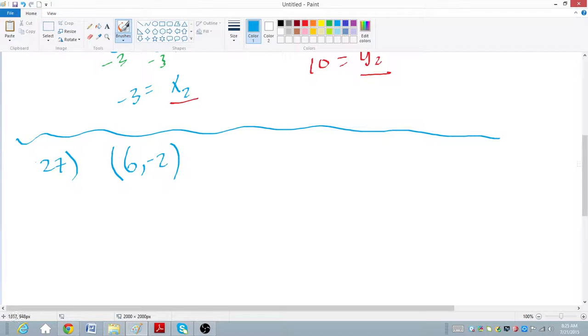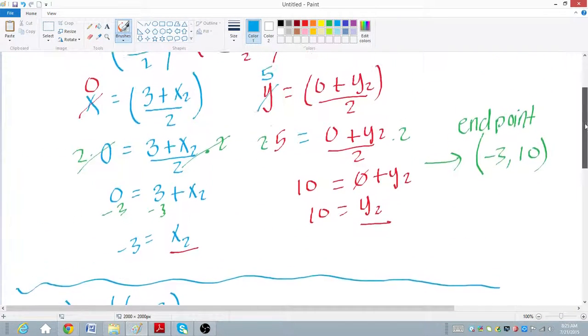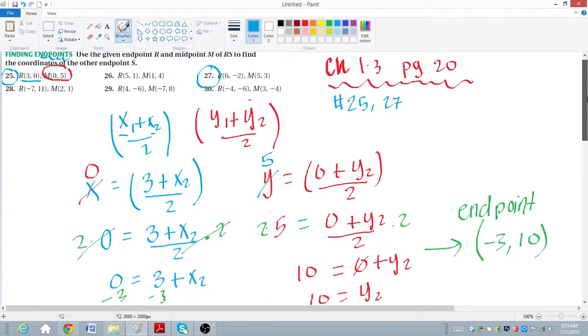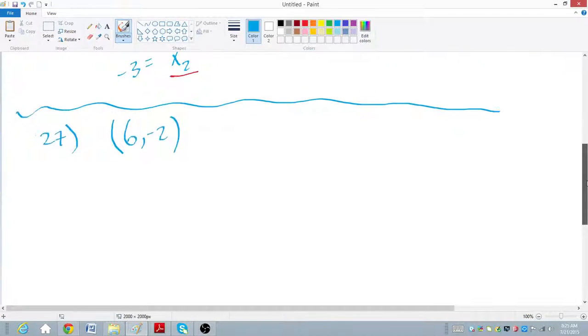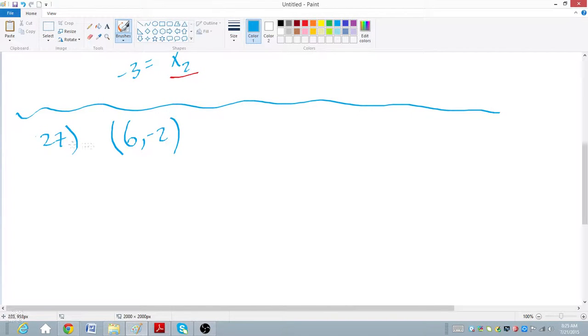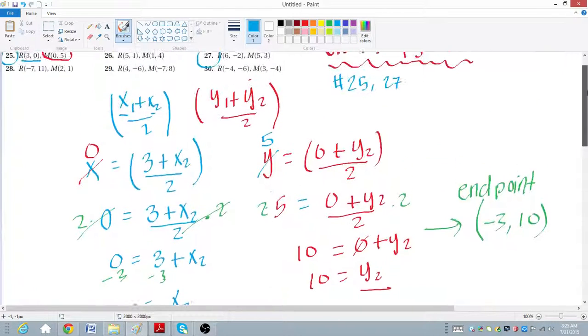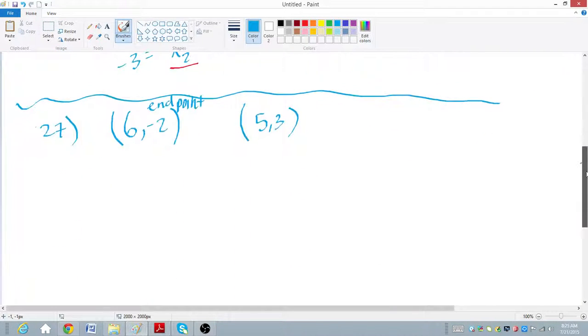That's my first point, the endpoint. And the midpoint is 5, 3. Let me scroll it up just to make sure. Cool. So this is the midpoint.